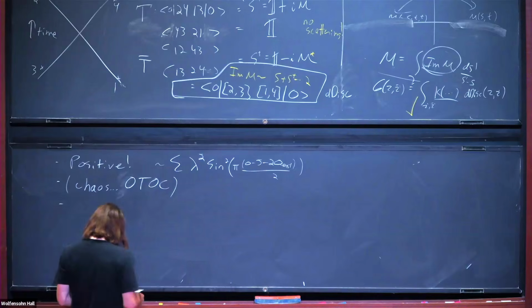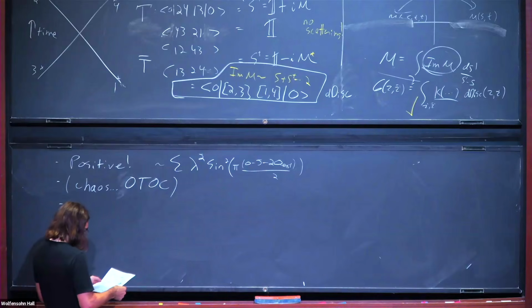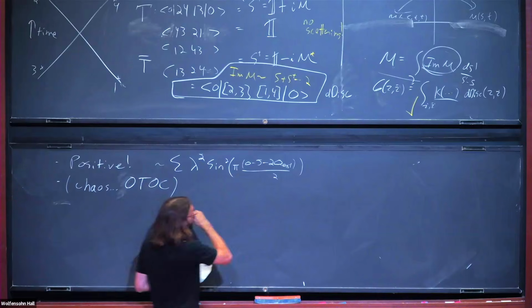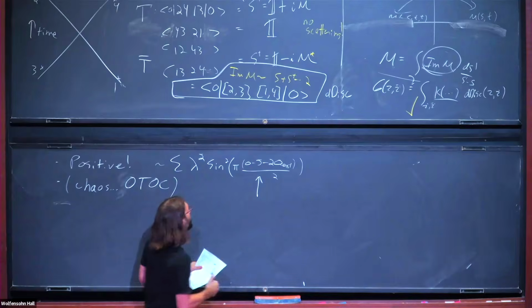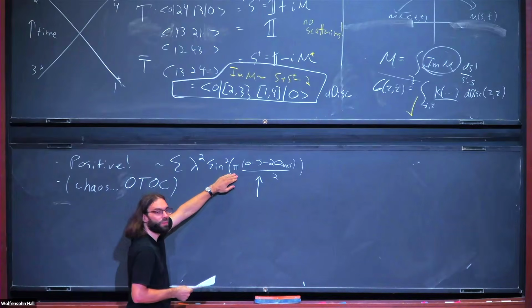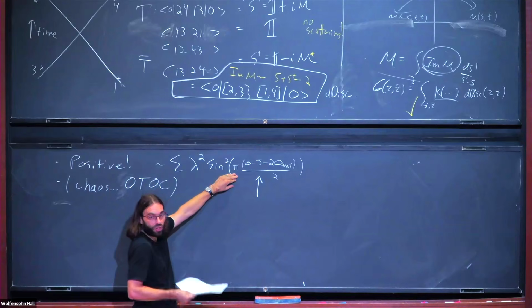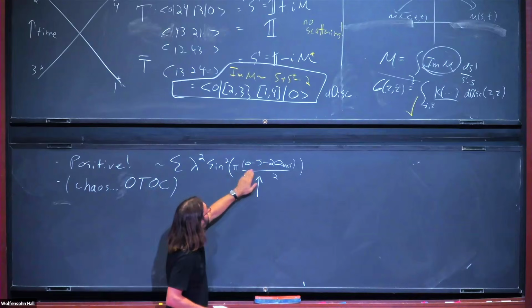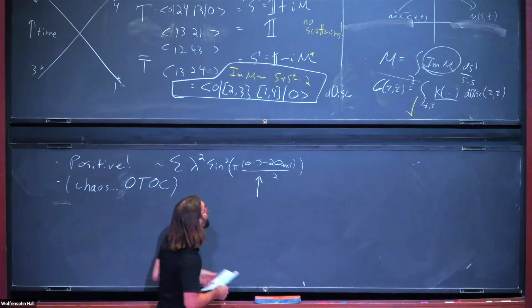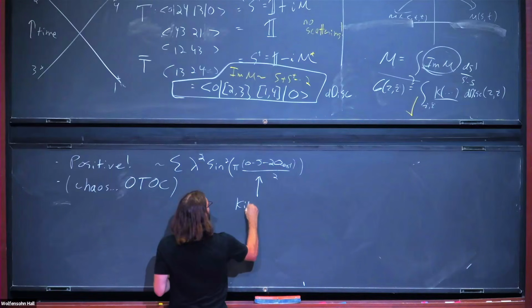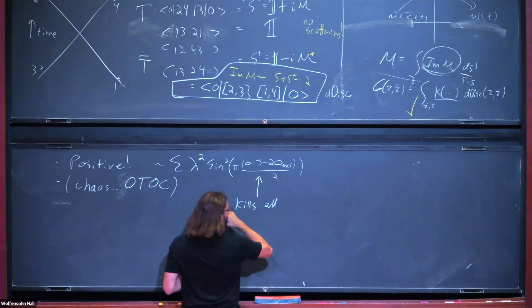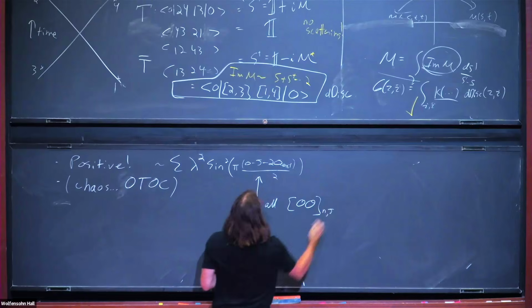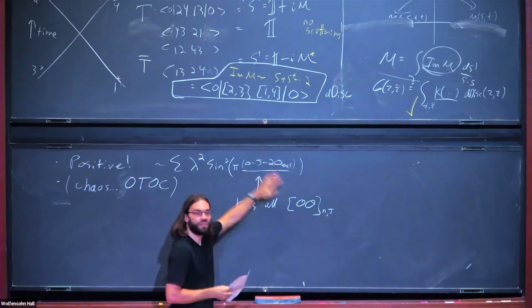The other thing I want to say is that when you have a theory which is weakly coupled, some kind of weak coupling, or even a large N expansion, even a holographic theory at large N, this object kills all of the double twist operators, the double twists we talked about last time. This is exactly the thing that gets killed in mean field theory.